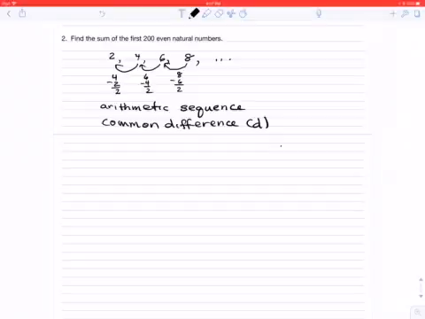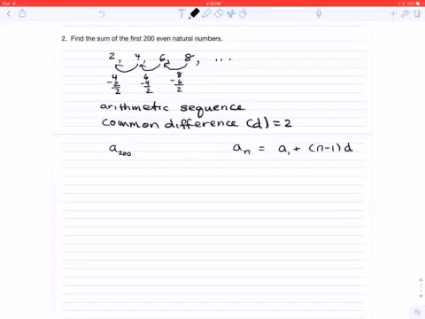Well, the first thing we need to know is what the 200th term will be in this sequence. So to find the 200th term, I'll use the formula. To find the nth term of an arithmetic sequence, it's the first term plus (n minus 1) times the common difference. So we're looking for the 200th term.